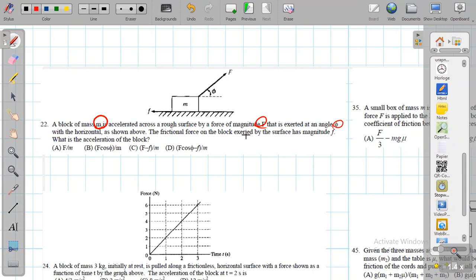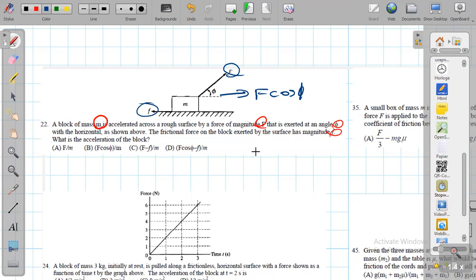The additional force on the block exerted by the surface is of magnitude f. What is the acceleration of the block? If the force is here, you should know the driving force here is F cos phi.